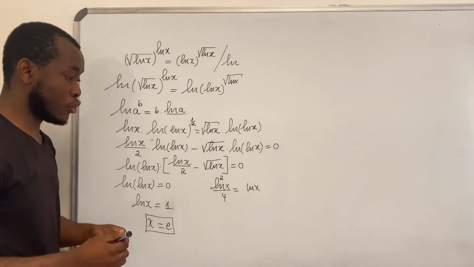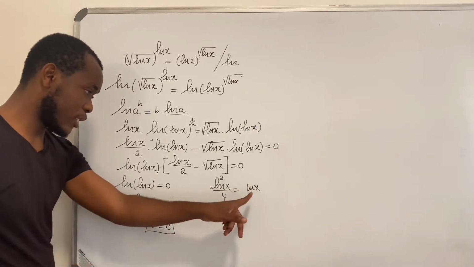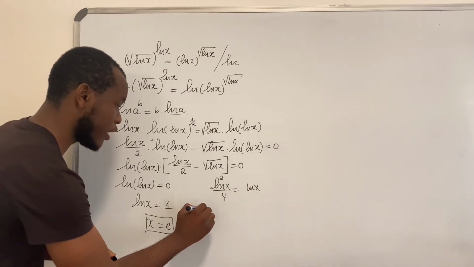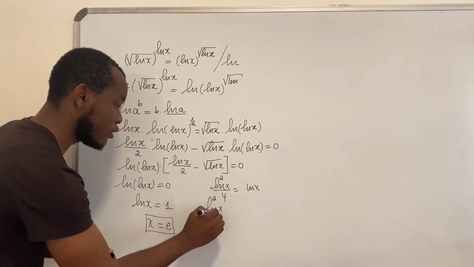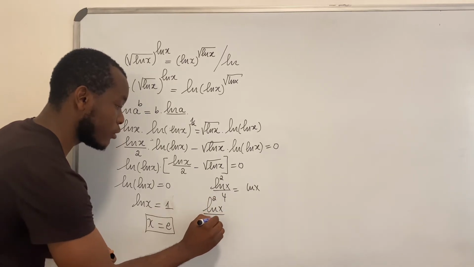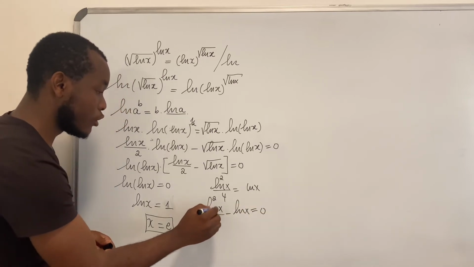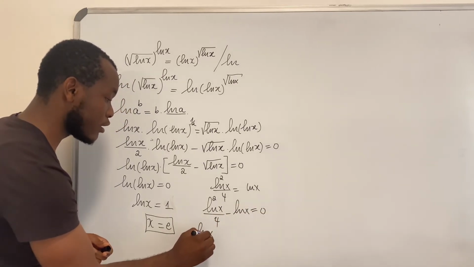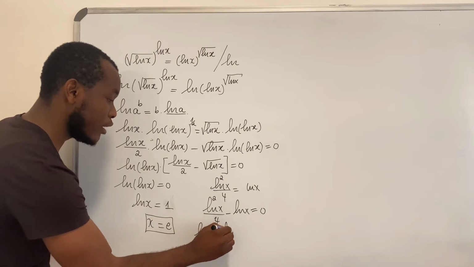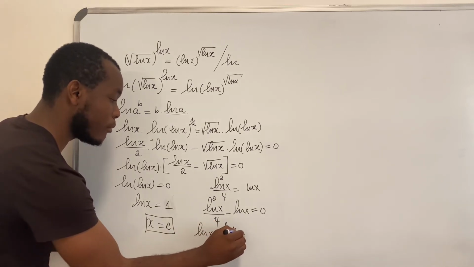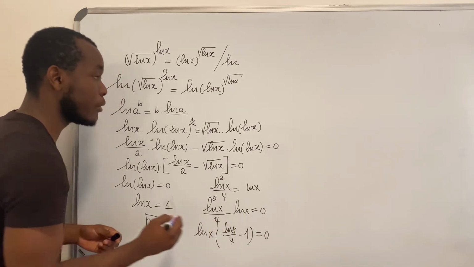So we can send this expression to that side to factorize. So we're going to have ln squared of x over 4 minus ln x equal to 0. So if we factorize ln x, then we're going to have ln x times (ln x over 4 minus 1) equal to 0.